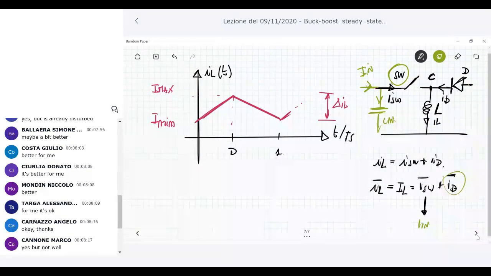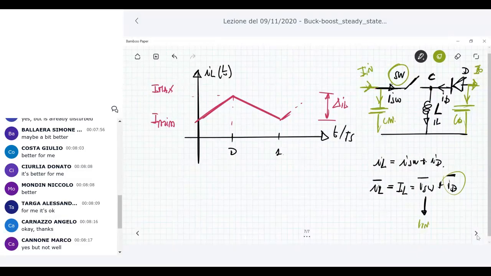The average current flowing through the diode: again, we have C naught, but through C naught in steady state, no DC current can flow. So the DC current here is null. All the DC average value of the diode current flows to the output side, through the resistor. So here you have I naught.